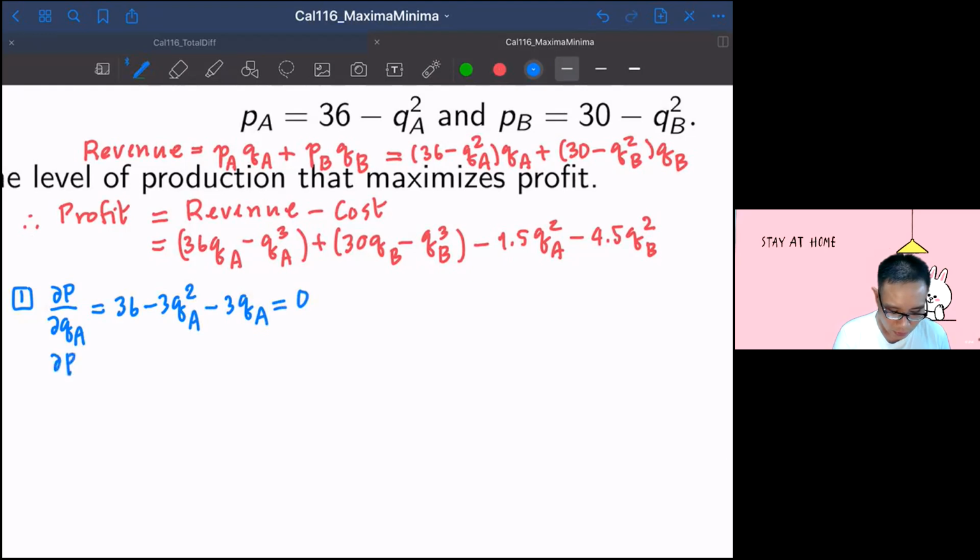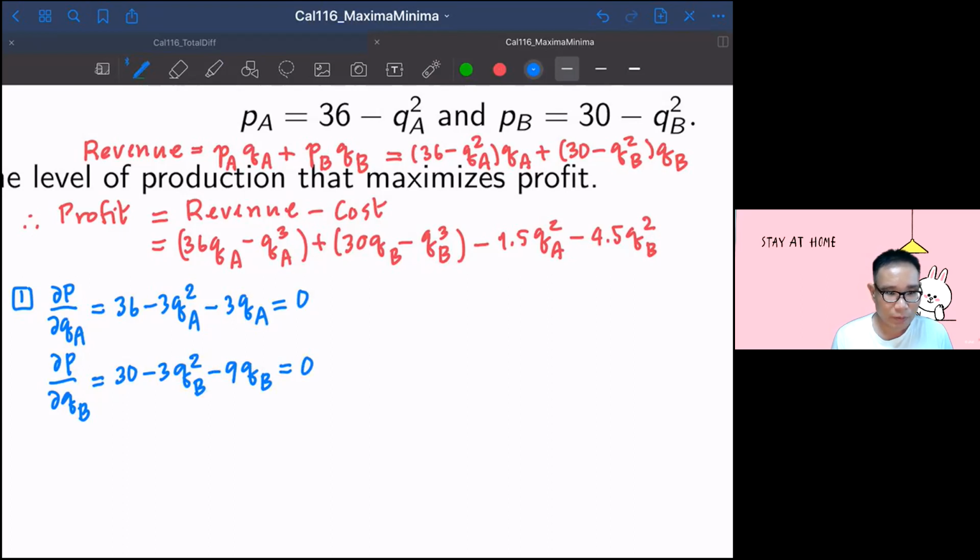And you have dP dQB equal to, for this one, you get 30 minus 3QB square, and minus 9 QB equal to 0. Okay, so they are correct.